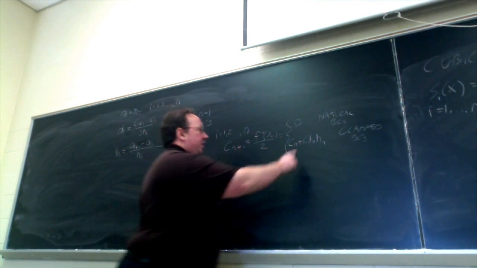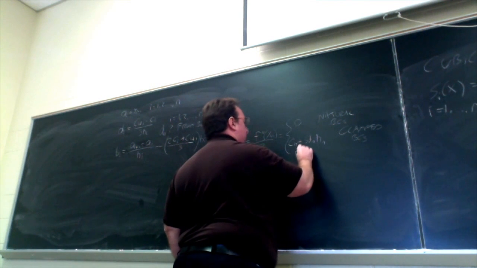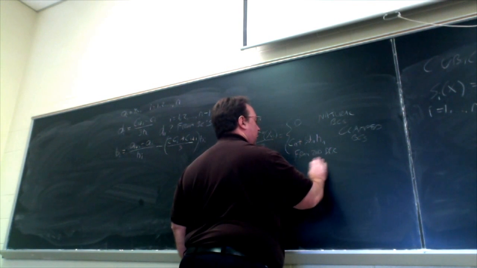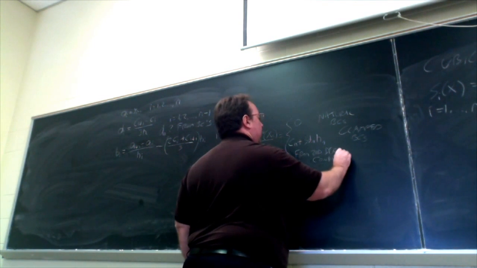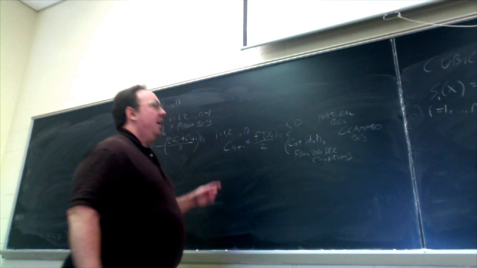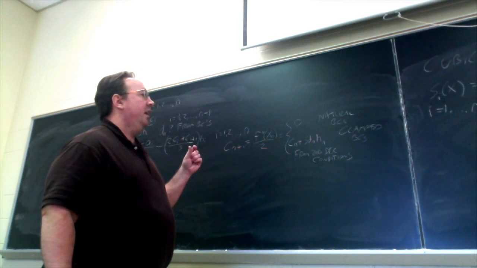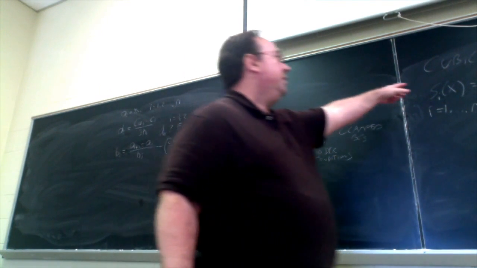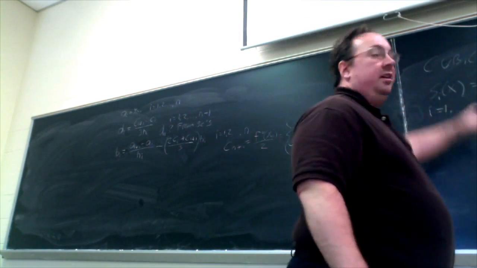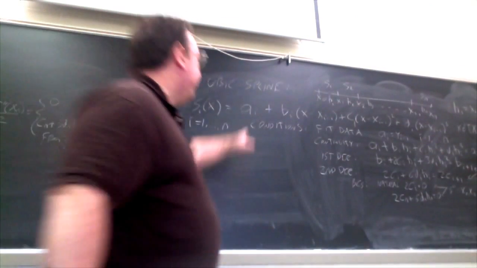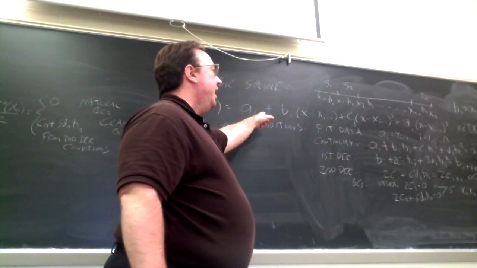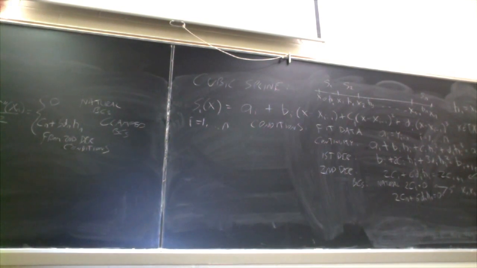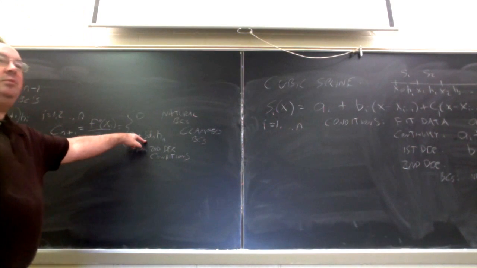Okay, not 6, 3. And this is from your second derivative conditions, because if I were to take my overall spline, take its second derivative and plug in x_n, this is exactly what I would get.